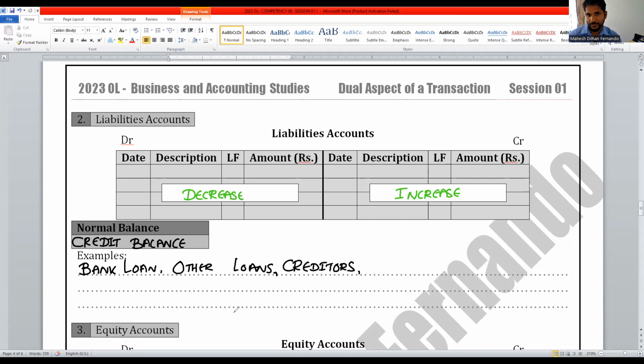Then we have the expenses payable. Let me explain it. You have received the electricity bill of the month, but still you haven't paid it. It creates a liability, a payable.